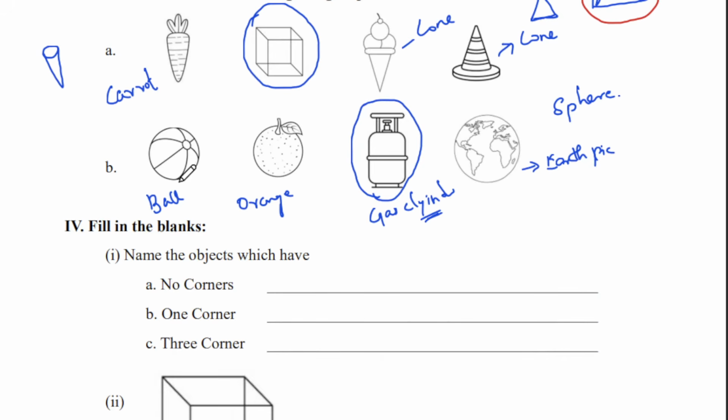For example, ball. Look at this ball, orange and cylinder. It does not have any corners because it is round in shape. So a ball, see, it does not have any corners.